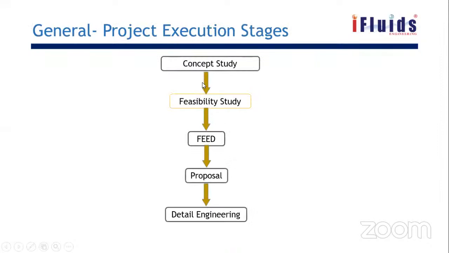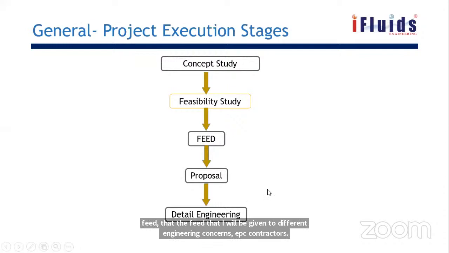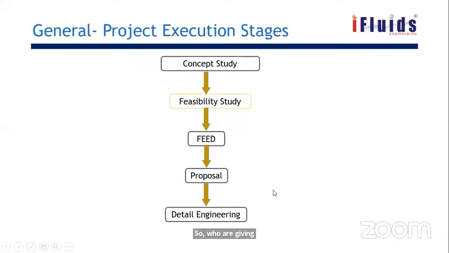After the FEED, the FEED data will be given to different EPC contractors. Those who give the lowest bid, a low-cost bid with a reputed company, will be awarded the detail engineering contract.